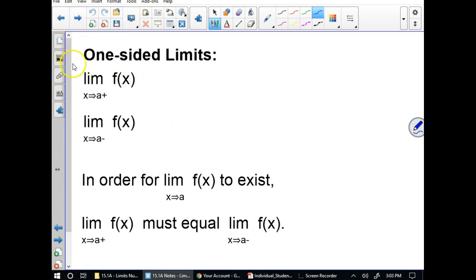So let's look at some more notation. In this section, we'll be looking at one-sided limits and then also limits from both sides.